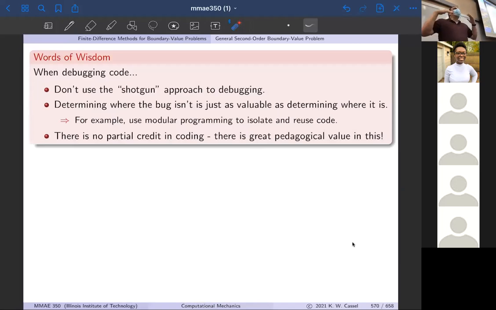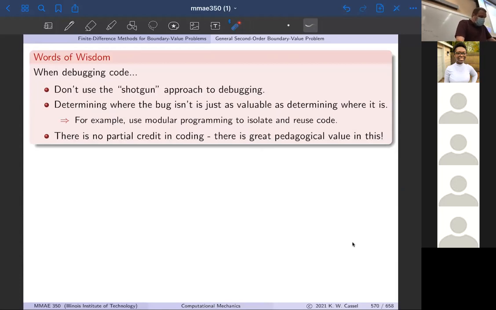Well, that's a horrible way to hunt, and it's a horrible way to debug. The shotgun approach to debugging is, I write my code, I hit the go button, and I watch it, and it doesn't work. So then you just start throwing stuff at the screen. You're like, well, let me try this. Let me try that. Let me change this. Let me change that. That's the shotgun approach. Do not, it's a waste of time. You're probably doing more harm than good when you do that.